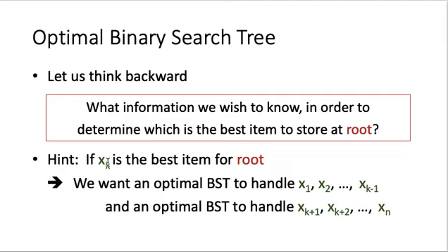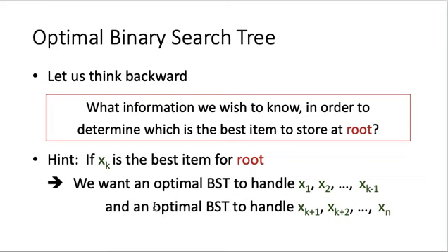Now suppose that xk is the best item for the root. We don't know which xk it is, but we can try every possible case. Suppose that xk is the best root. Then in order to know the total search cost if xk is put at the root, we will need to know the optimal binary search tree to handle all the items that are smaller than xk, because they are going to be put in the left subtree of xk.